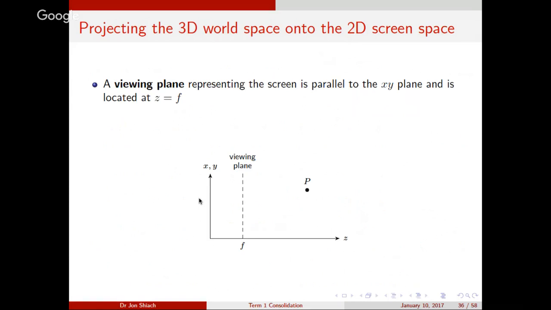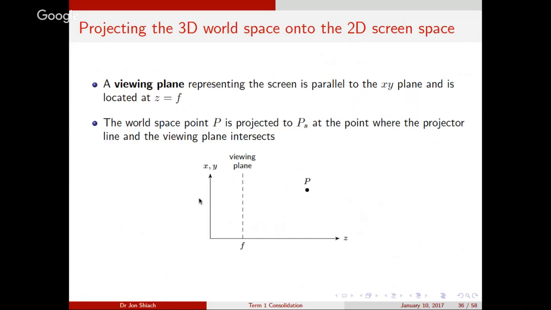We place the viewing plane at a distance f along the z-axis, so that distance there is f. What we do is draw what we call a projector, from the origin to our point in the world space. Where that projector crosses the viewing plane, we have our projected point. That's all we're doing, and that's how we project something in 3D space onto our 2D viewing plane.